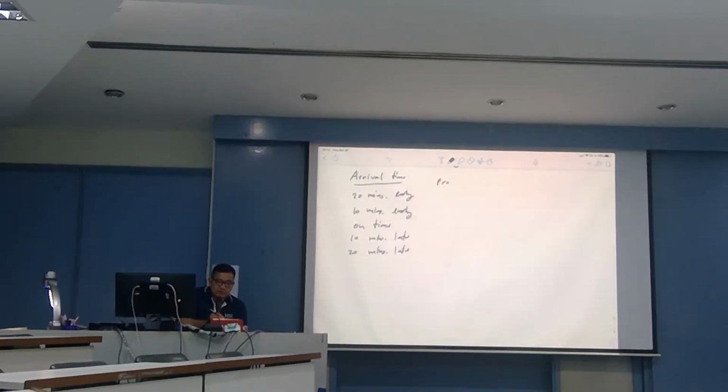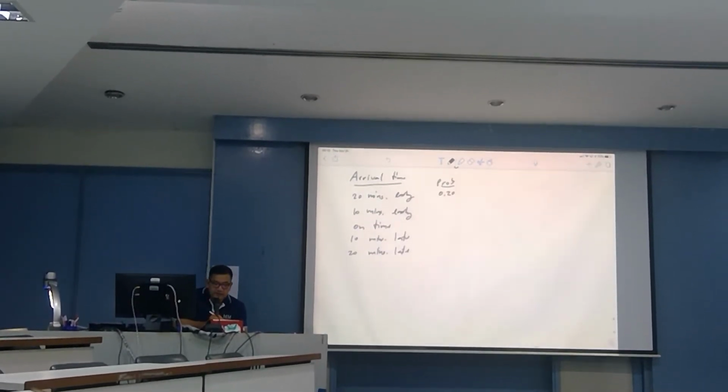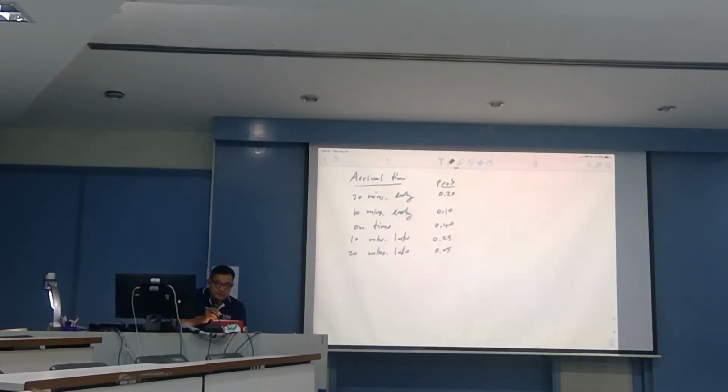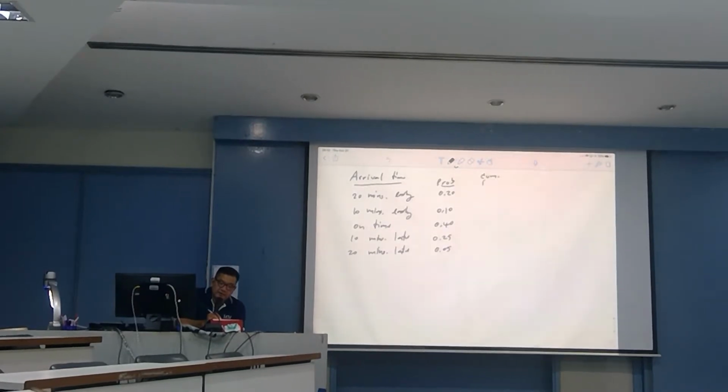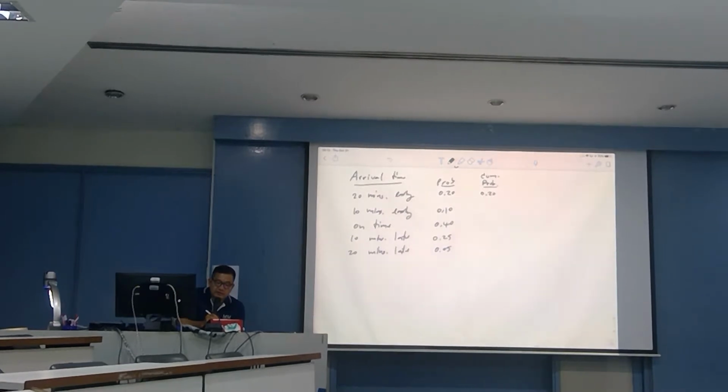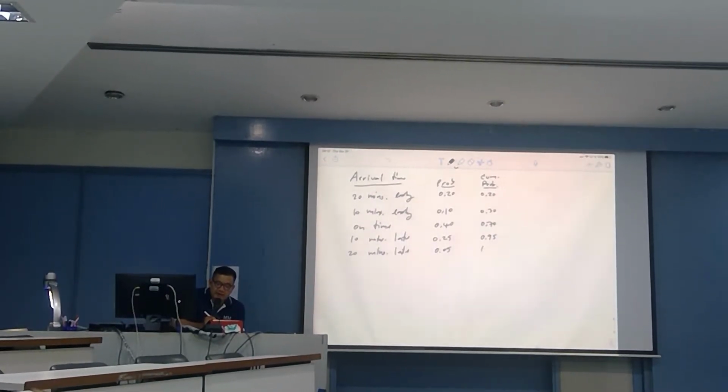So we know the probabilities. This one is 0.2 because it's 20%. So 10% is 0.1, 40% for on time, 25% for 10 minutes late, and 5% for 20 minutes late. Then we do the cumulative probability distribution. We're going to have 0.2, 0.3, 0.7, 0.95, and 1.